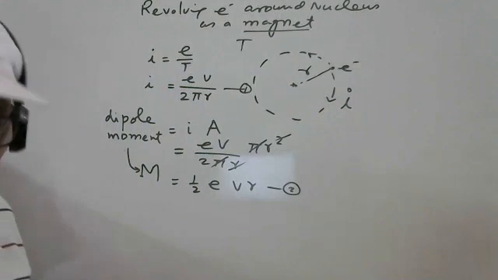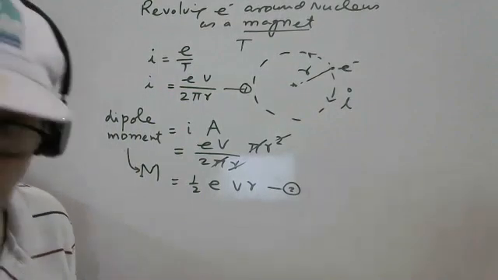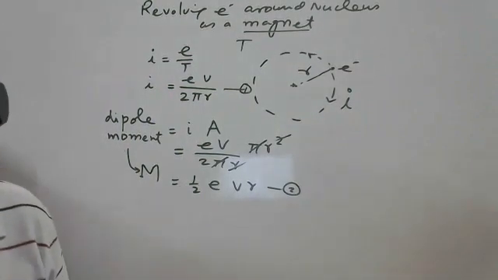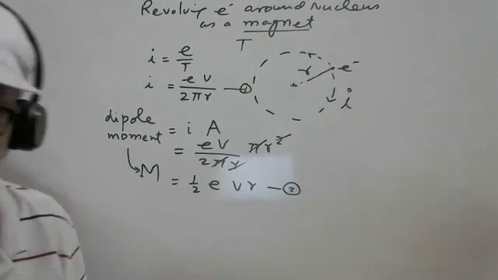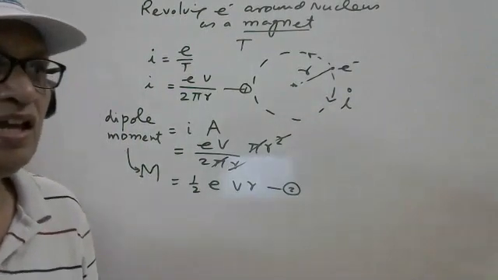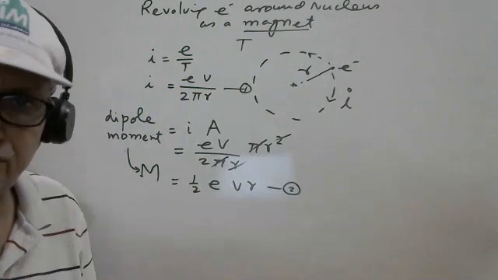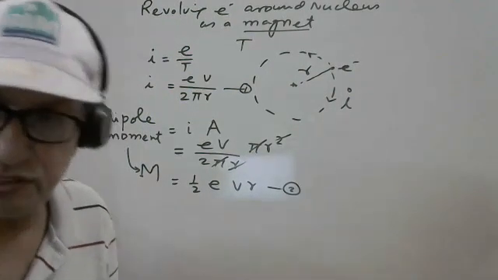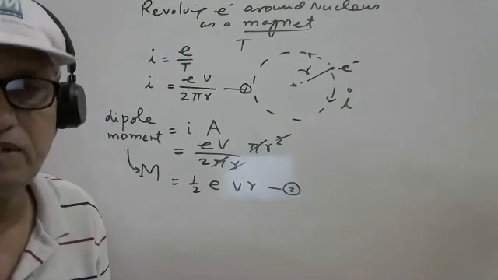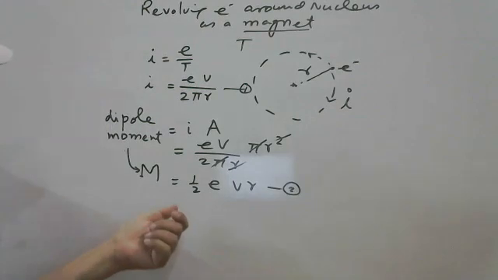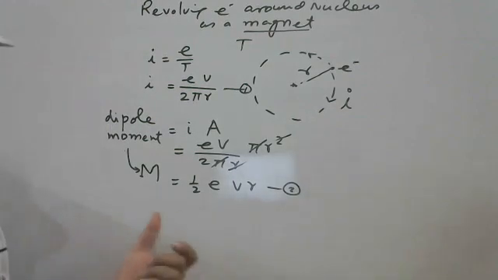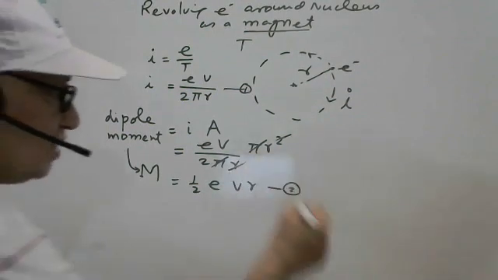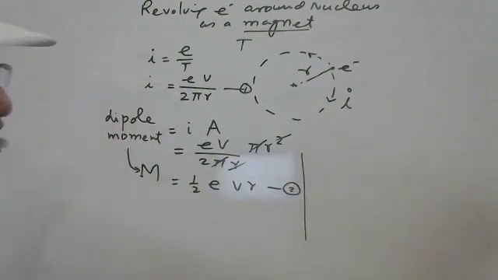Okay. Now as per the Bohr theory, the second postulate of the Bohr theory is that the electron revolves in stable orbits. This is the necessary condition which must be satisfied. And what is that condition?